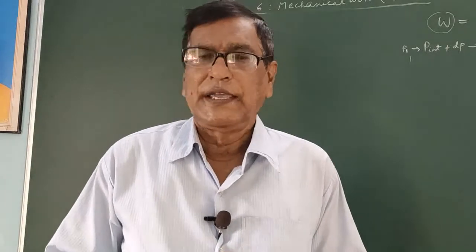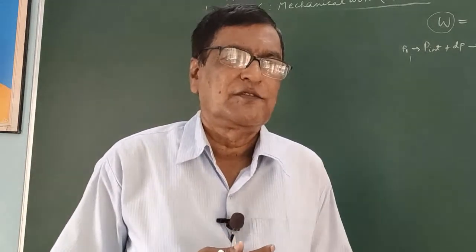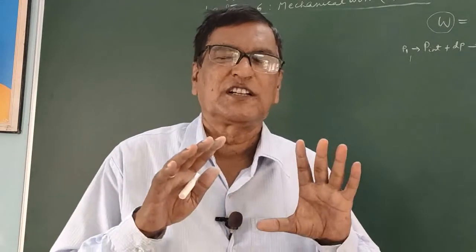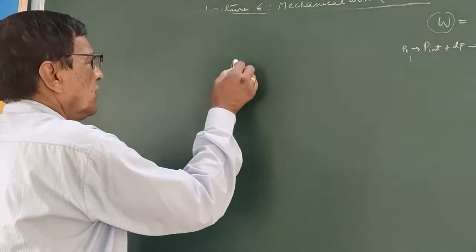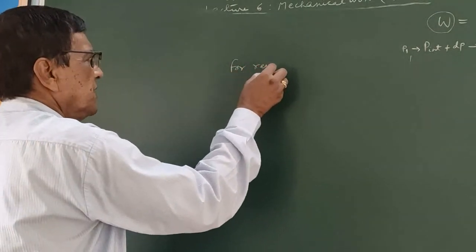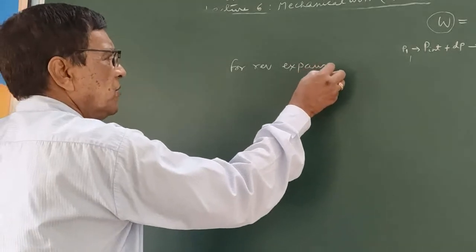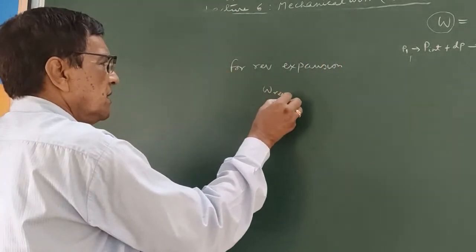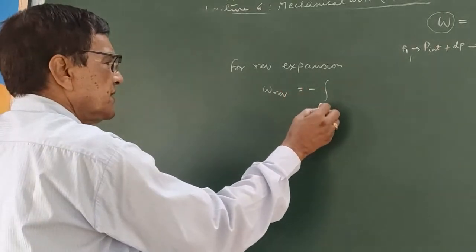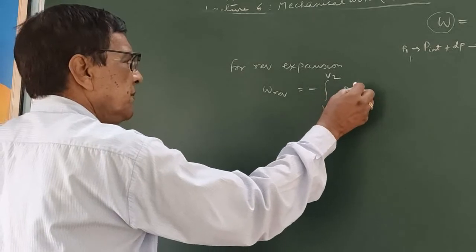Similarly, for the work done by the gas in expansion, whenever we consider the reversible expansion of a definite amount of this gas, this reversible work is equal to minus integration V1 to V2 of P dV, the same formula.